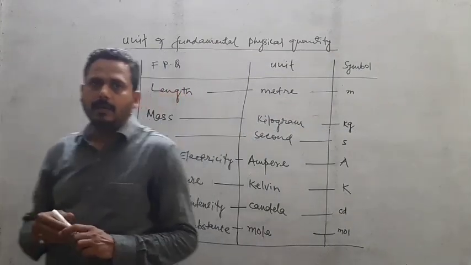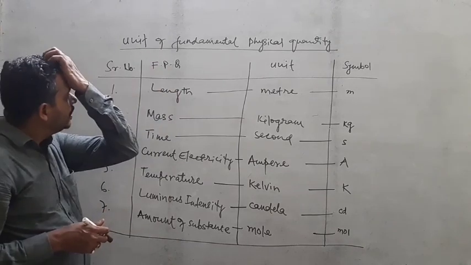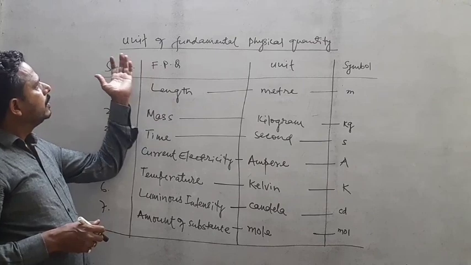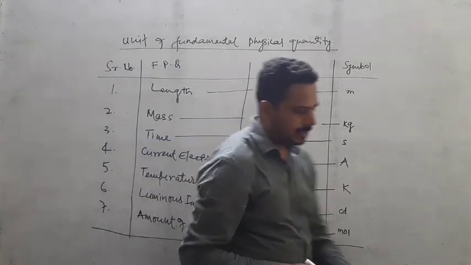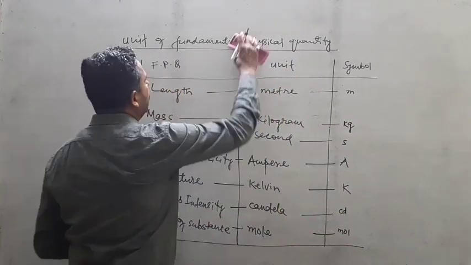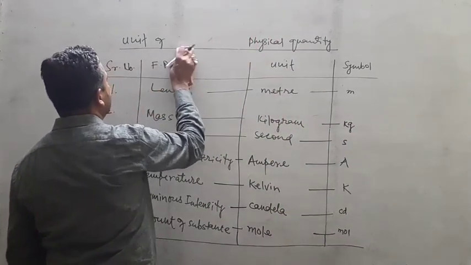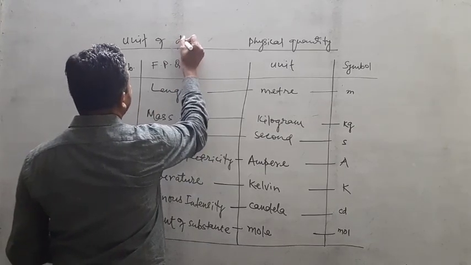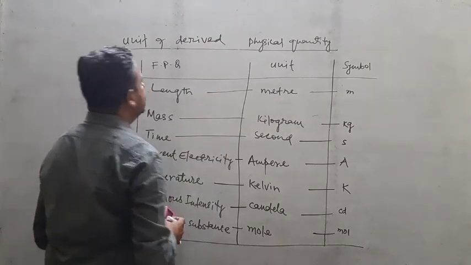And now, next, I would like to find the unit of derived physical quantity. So the next heading, derived. So unit of derived physical quantity.